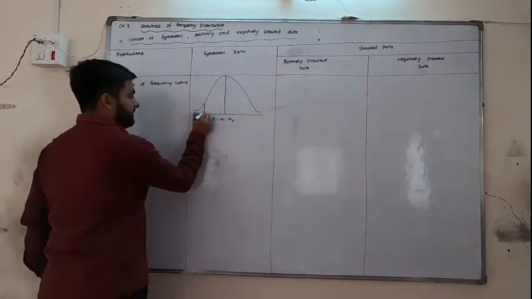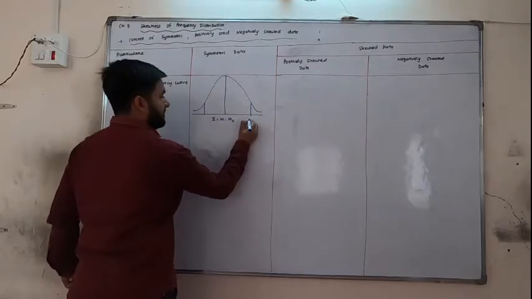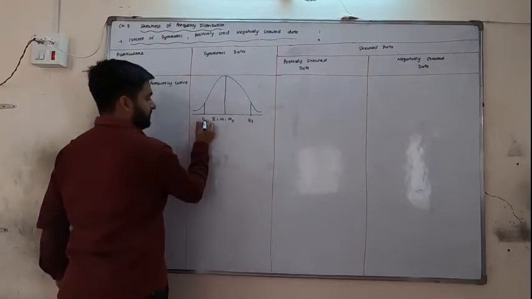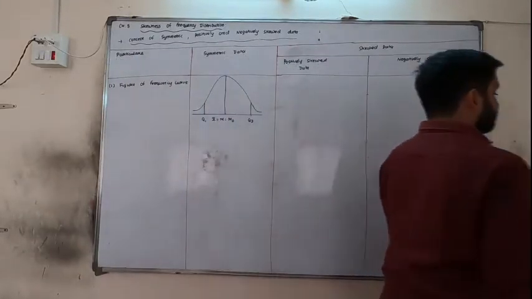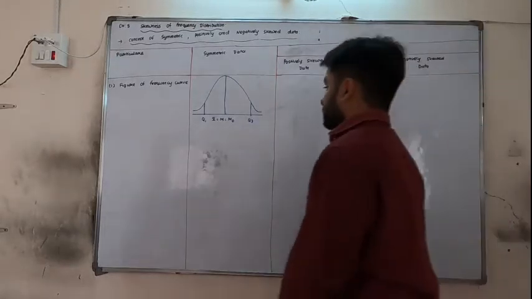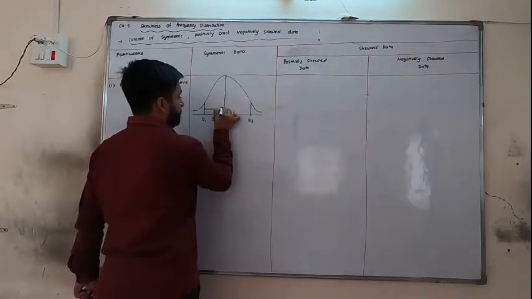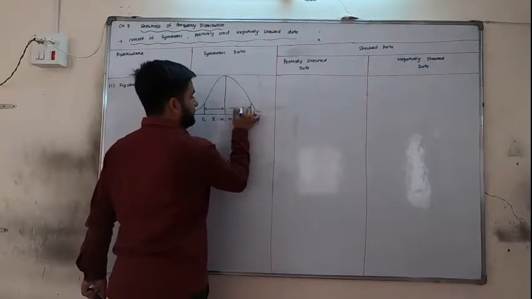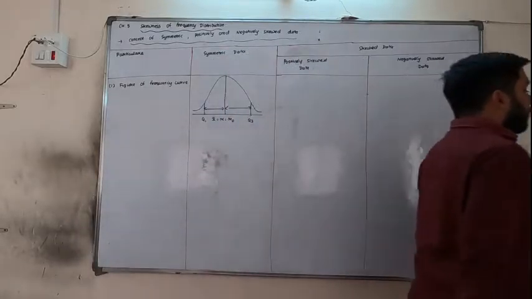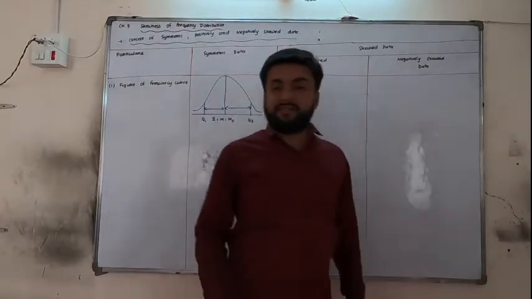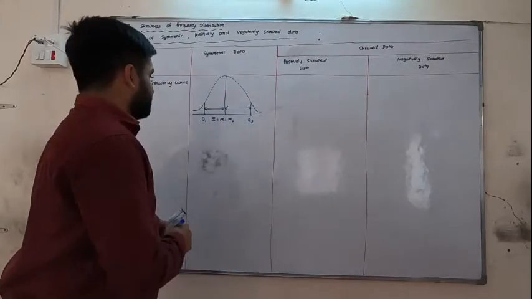Here it will be Q1, here it will be Q3. You can see this figure on page number 173.